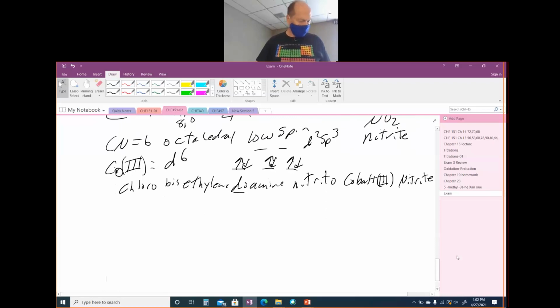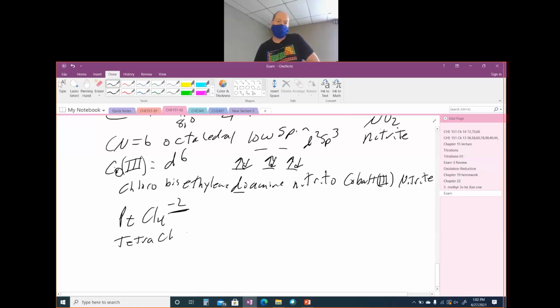All right, the next one is PtCl4 2-. All right, so that's part of the anion. So this is a tetrachloroplatinate(II). And it's 2 because your chlorine is going to be a -1, so that's -4.